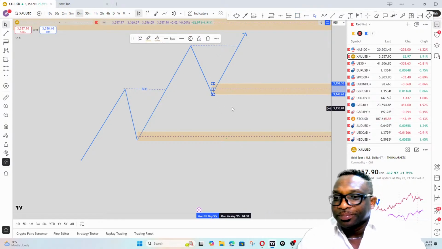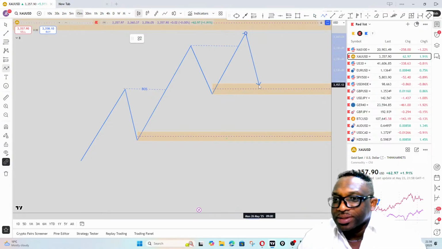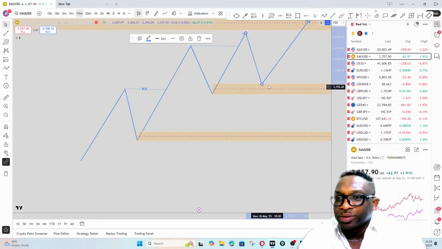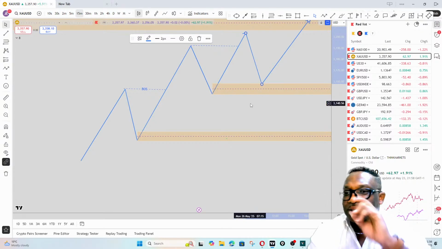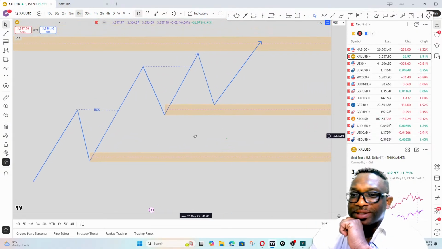With time, as price goes on, we expect price to pull back to test this area before making the upward move again. So this is where we target to take our trade, having this in mind: if there's no retest, no entry. No retest, no entry.